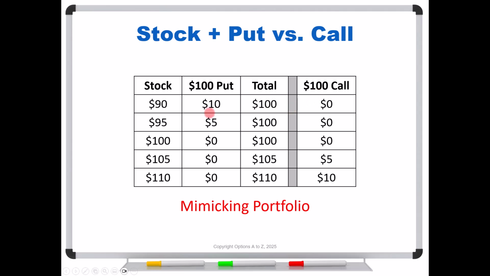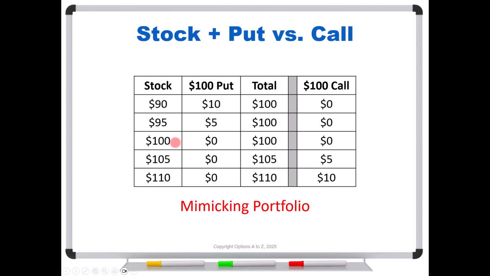So now take a look at what happens at different stock prices. If the stock is 90 at expiration, the $100 put is in the money by 10 bucks. It's worth 10. So this trader is holding shares of stock worth 90 plus a put worth 10 for a total of 100 bucks. If the stock is 95, Trader A has shares of stock worth 95 plus a put worth 5 for a total of 100.